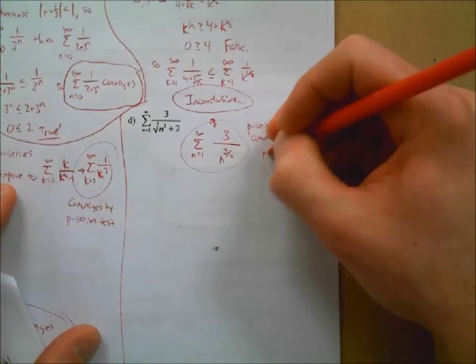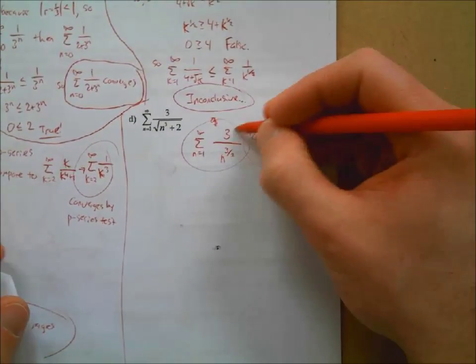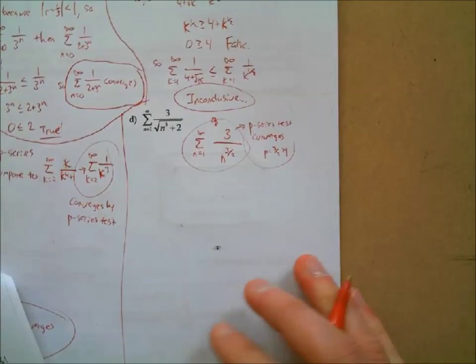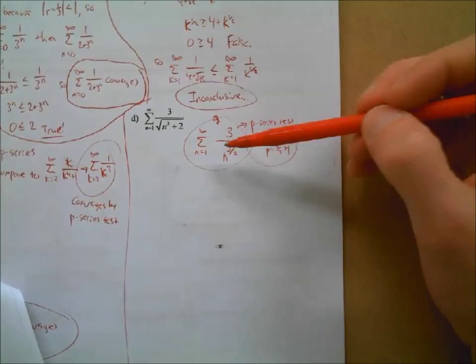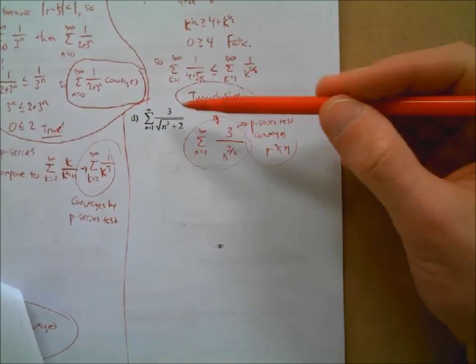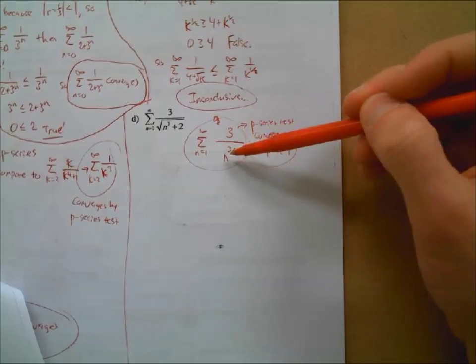P equal to 3 halves is greater than 1. So then, if this thing converges, how do we want it to relate to this? We want this series to be greater than the original one here.